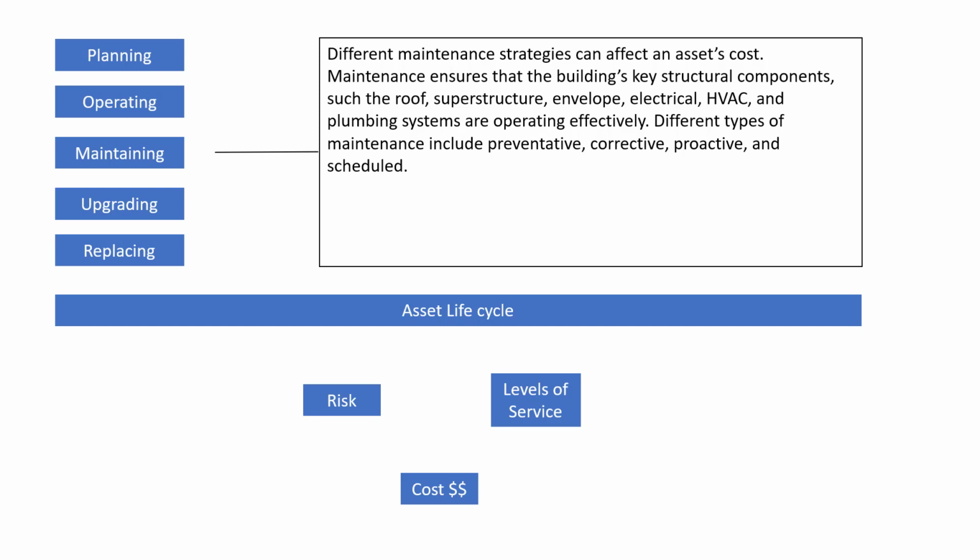And there are different types of maintenance. So different types of maintenance include preventative maintenance, corrective maintenance. So corrective is the one you don't want to get because that's when you're fixing something that already broke. The other maintenance types like proactive, preventative, and scheduled are doing maintenance before something breaks and trying to actually time the best method of maintaining a building is a key decision-making item.